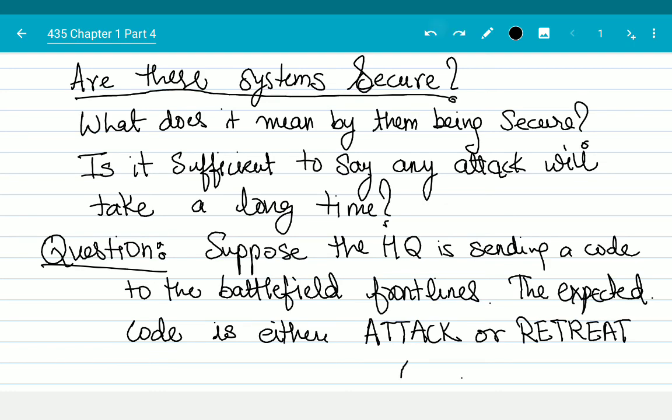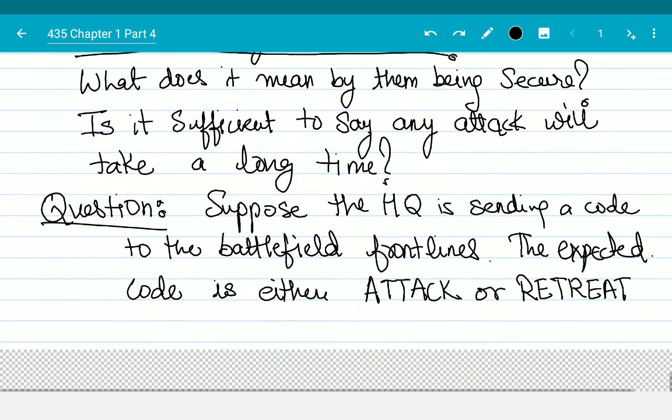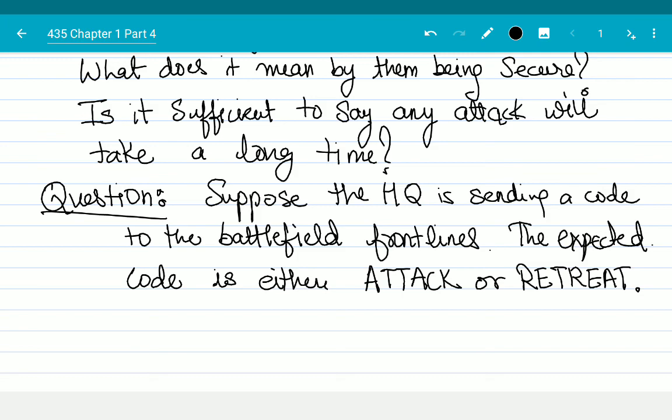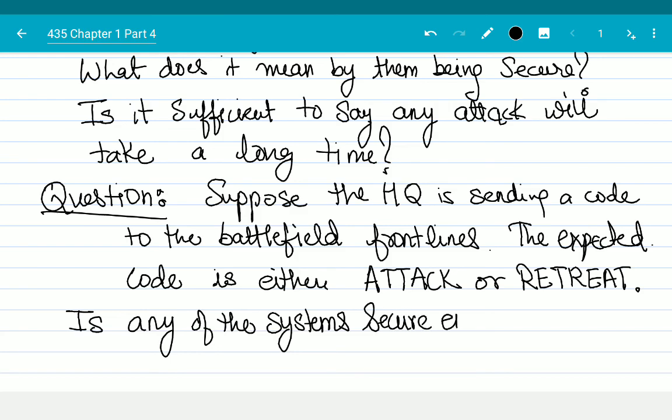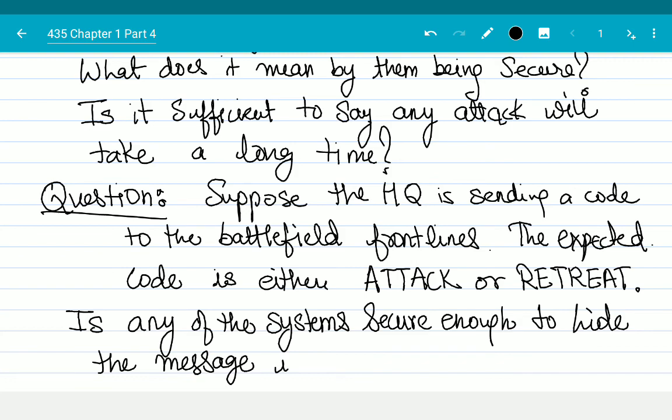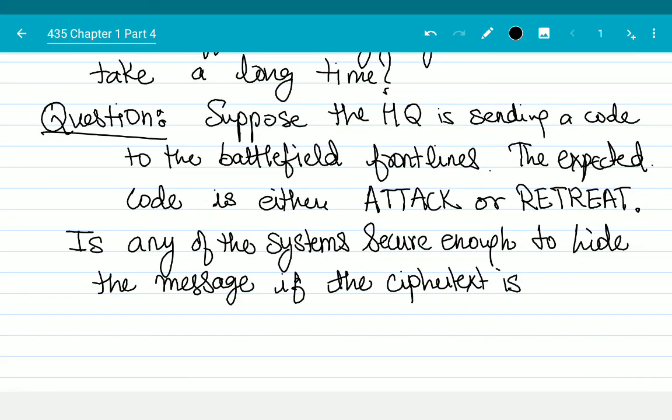Okay, the code is one of the two. Is any of these systems secure enough to hide the message if the ciphertext is intercepted?